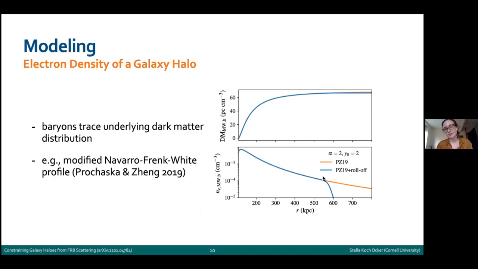This blue curve is showing you the numerical roll-off that we implement when we integrate over the electron density to get a DM. The DM predicted by this model is about 60 parsecs per cubic centimeter. This is fairly similar to the predictions of other galactic halo density models.